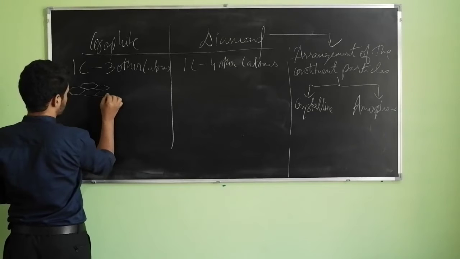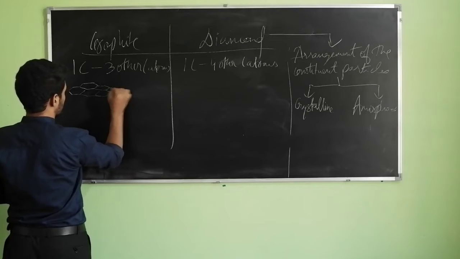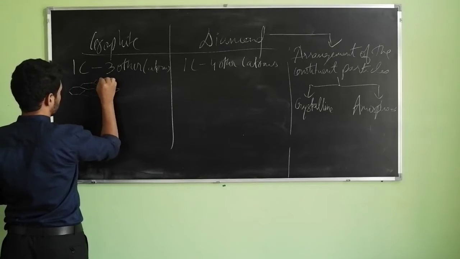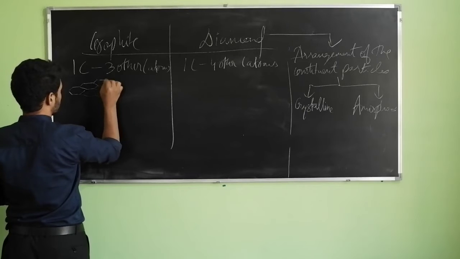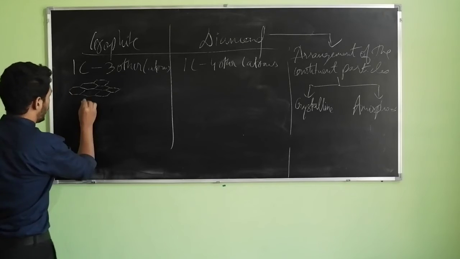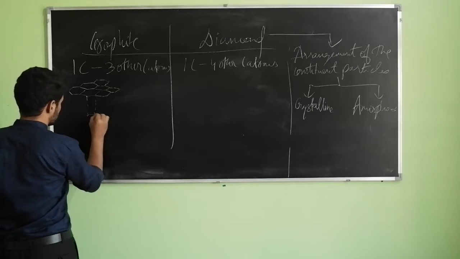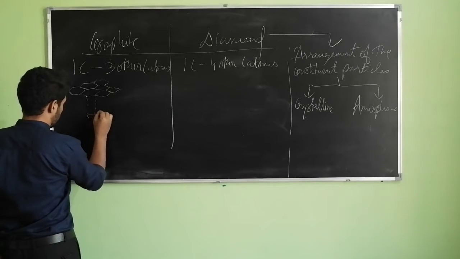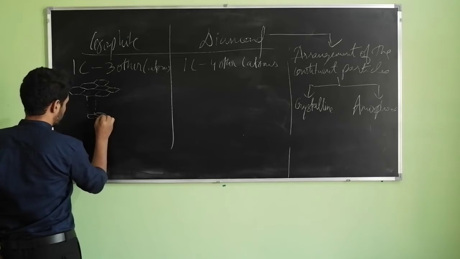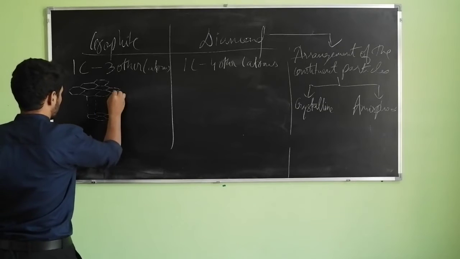What does that mean? Regular means they have equal lengths. These are the hexagons that we have, and below we have the same hexagonal rings.